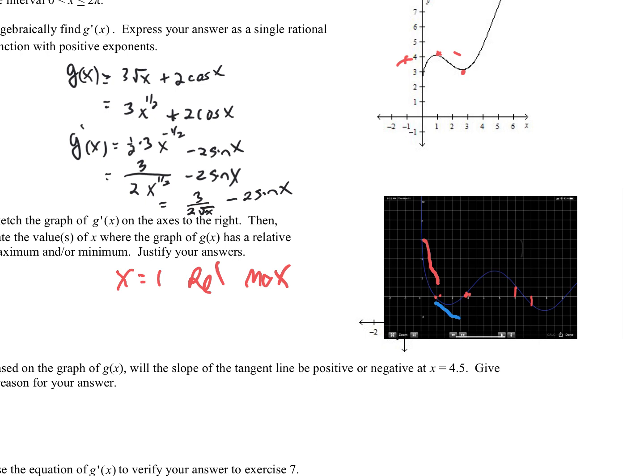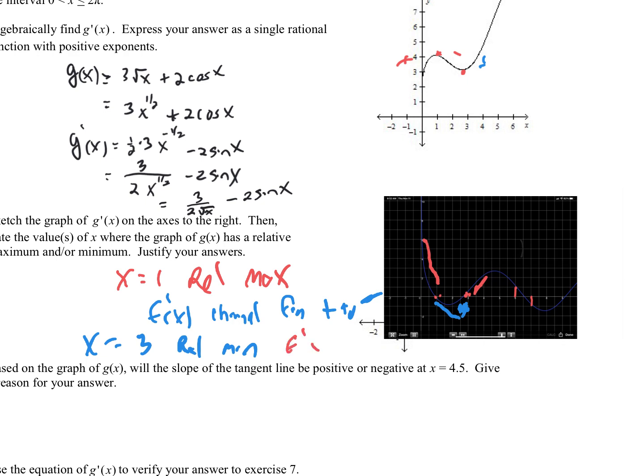At this relative max, f prime of x changed from positive to negative. And at x equals, it looks to me like 3 was my relative min, because min means it had to go from negative to positive, and there it is. It was negative, right here, to positive.